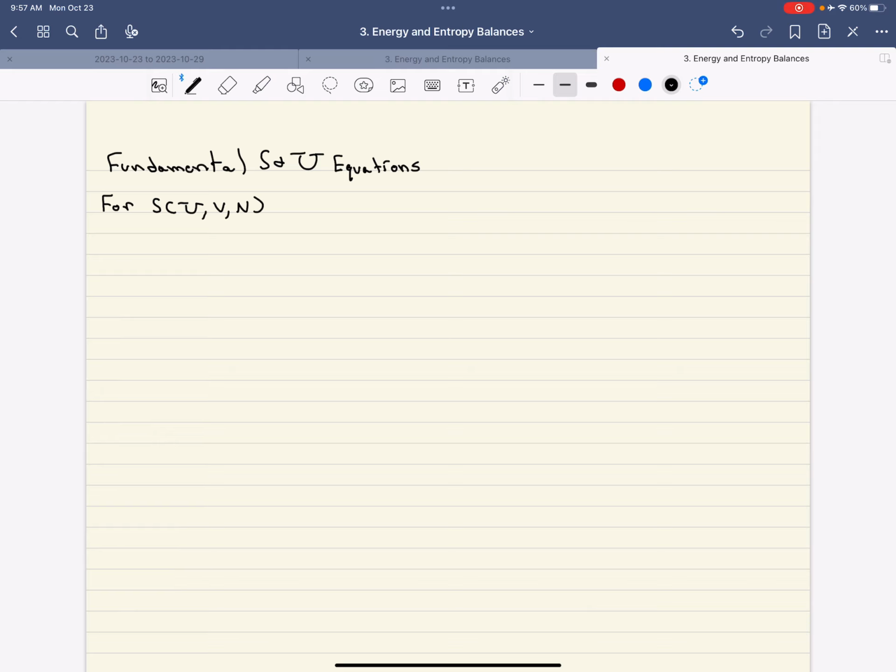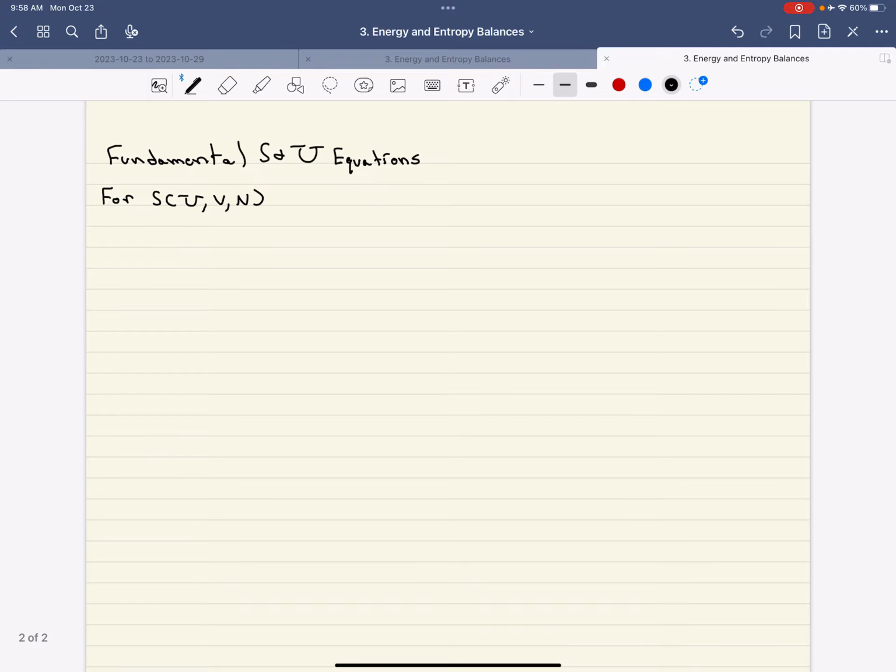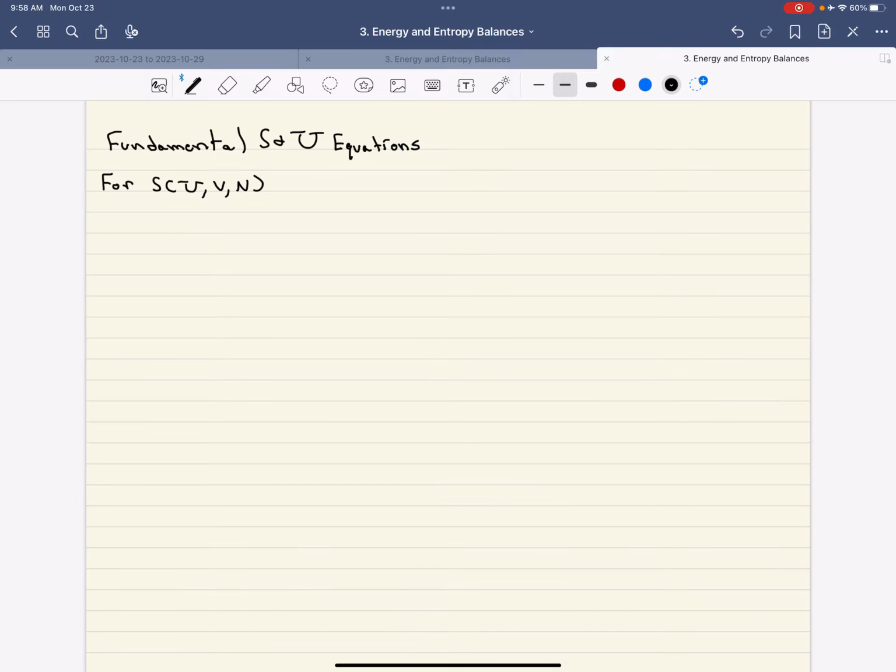And so to develop this framework, we'll start by just saying that our entropy is going to be a function of internal energy, volume, and number of molecules in the system. Right? If we're defining entropy to be a function of those canonical variables, we could then take the total derivative of the entropy, and the total derivative will look like this.